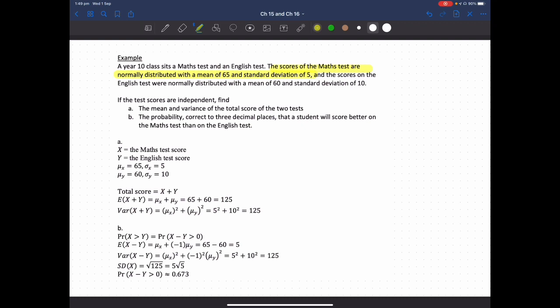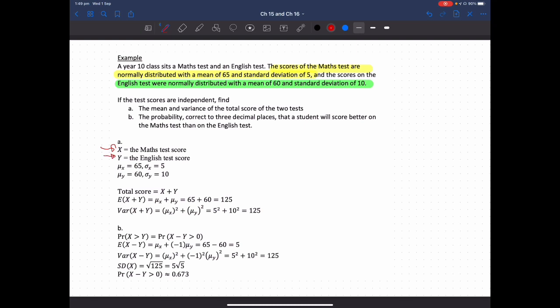So I have let x be the random variable for the maths test score. And the scores of the English test were normally distributed with a mean of 60 and a standard deviation of 10. And I've let y equal the English test score.